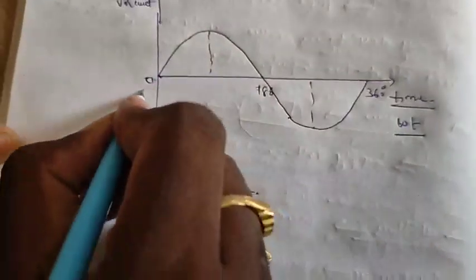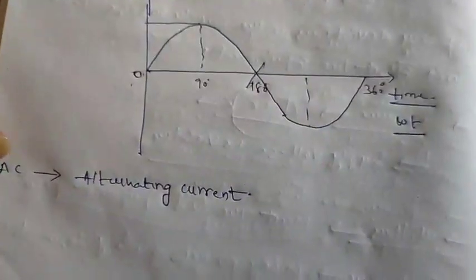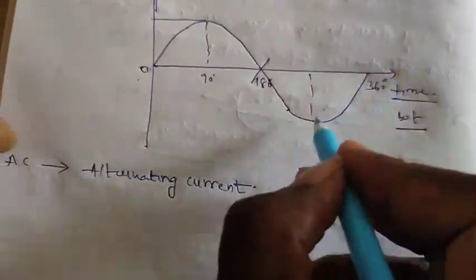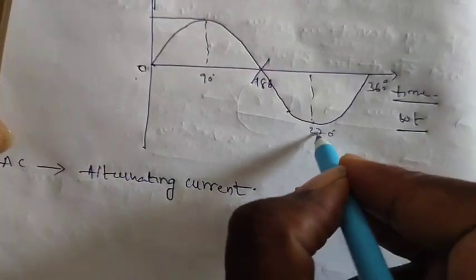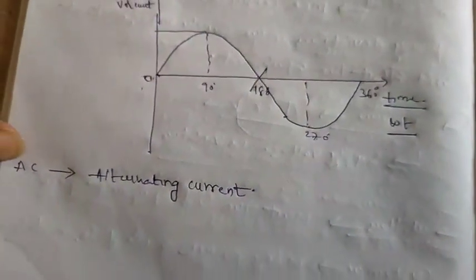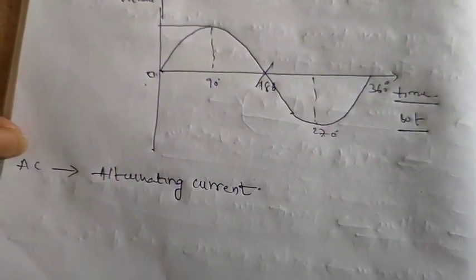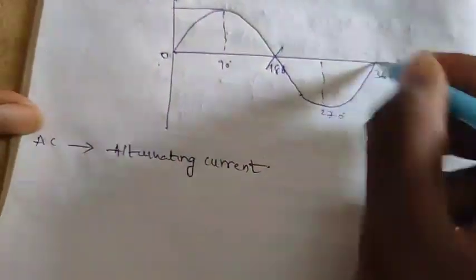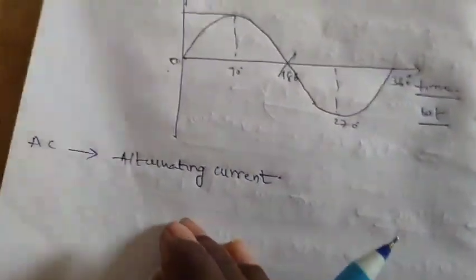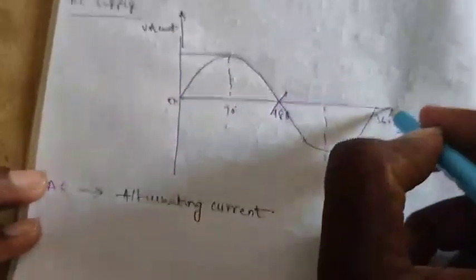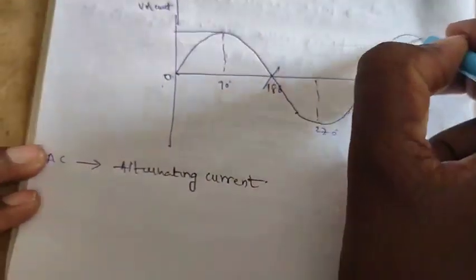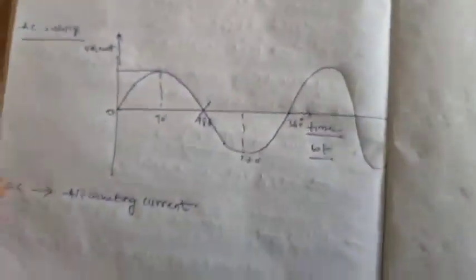At 0 the value is 0. At 90 degrees the value is high. At 180 degrees it is again 0. At 270 degrees it is in the negative portion. After that it is again 0. This is a continuous process.